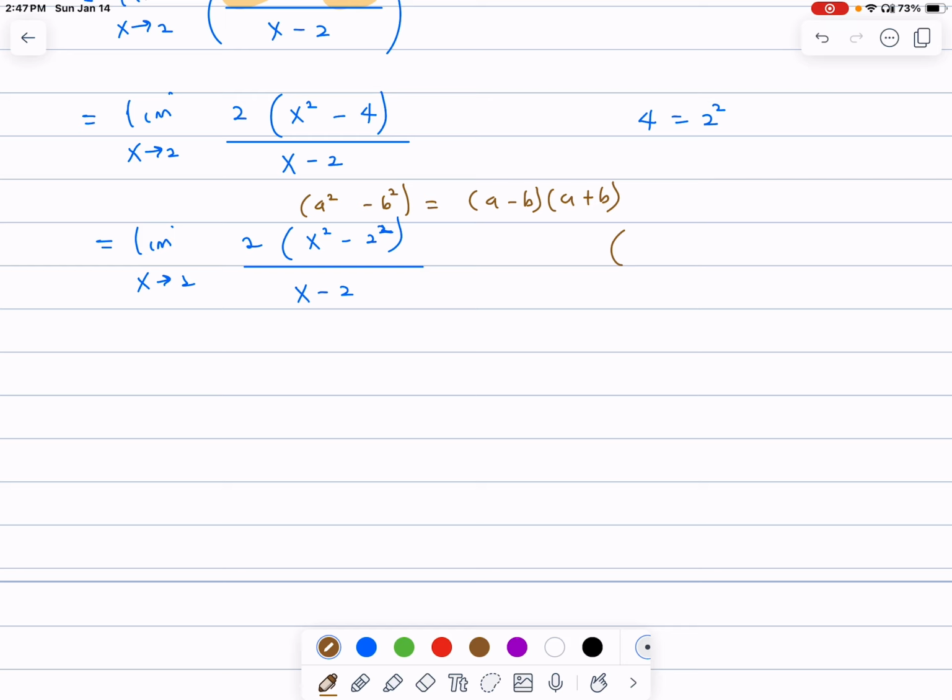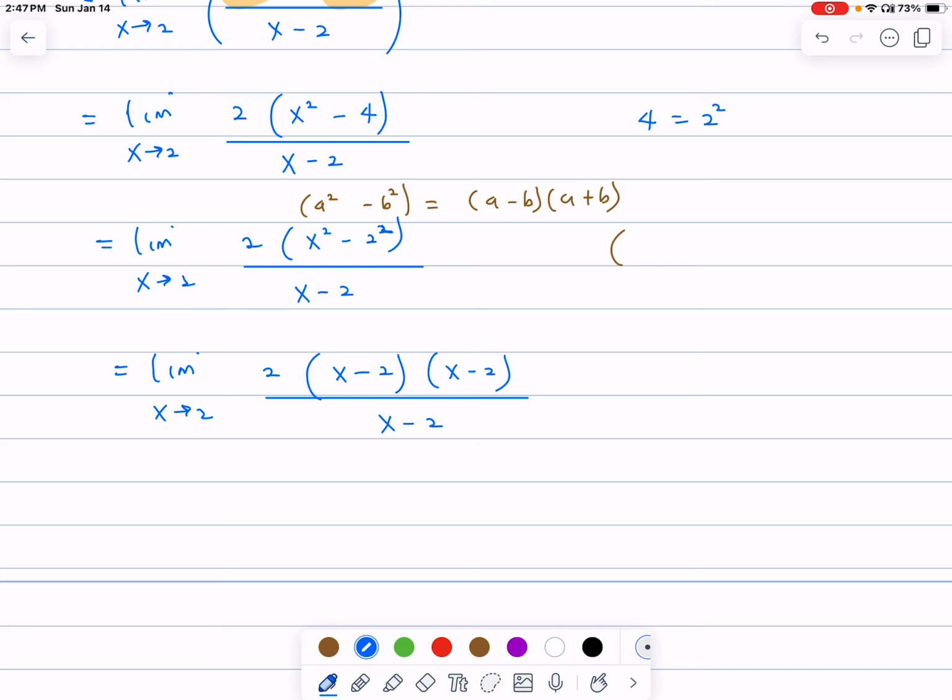So this is going to be equal to the limit as x approaches 2 of 2, then I have x minus 2, x plus 2, right? Because x squared minus 2 squared is just going to be x minus 2, x plus 2, using the difference of squares. So this is going to be over x minus 2, right?